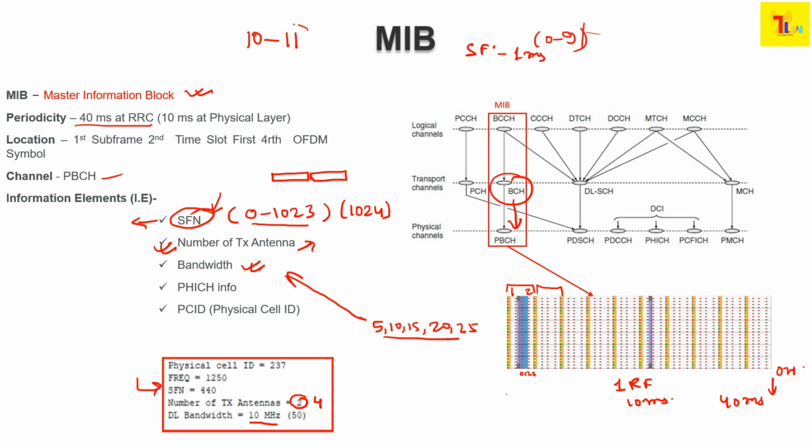This is what the subframe number does. And the system frame number is 0 to 1023. It will tick every 10 millisecond, 0 to 1, up to 1023, and once it reaches the maximum, it will tick back again and go to 0 as a counting.